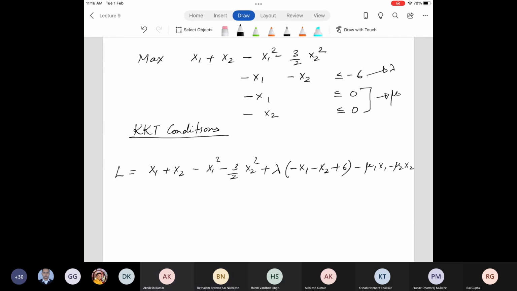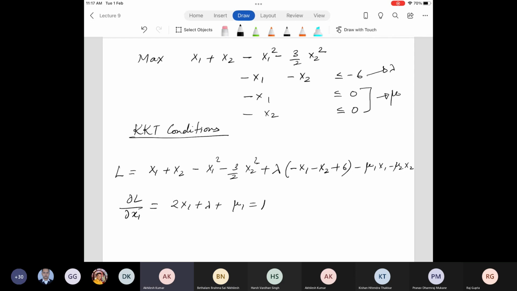Now give me del L by del x1. It is 1 minus 2x1 minus lambda minus mu1, so 2x1 plus lambda plus mu1 equals 1.